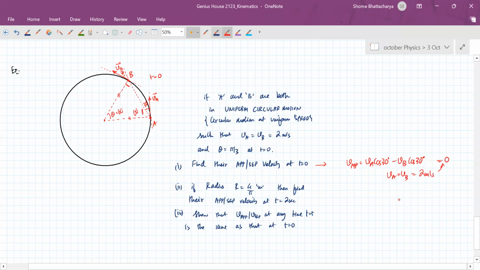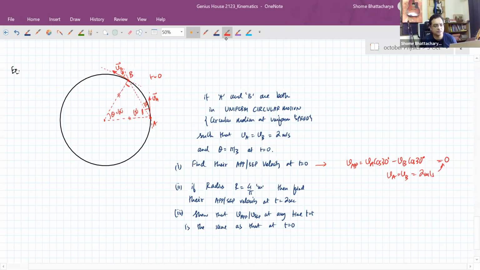Yes, sir. Okay. Now the fact that they are moving at constant speed. Now you can also see that we are specifically talking about the time of 2 seconds. So in 2 seconds, what is the distance they would have moved? The distance moved by A, this is not displacement, this is distance I'm talking about. The distance moved by A is equal to the distance moved by B, which is equal to that common speed into time.